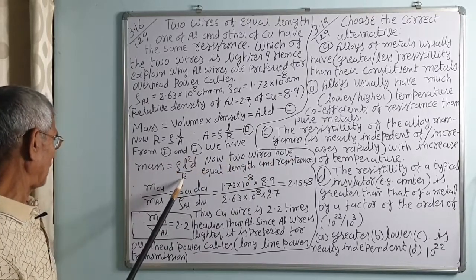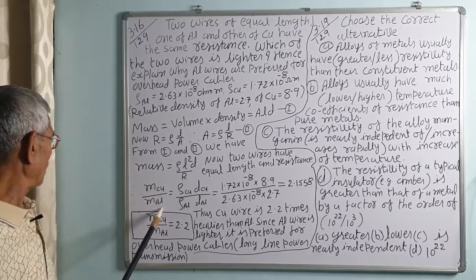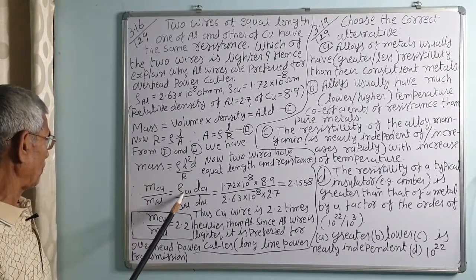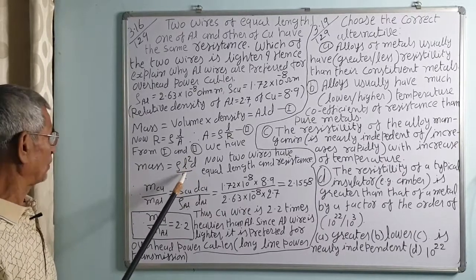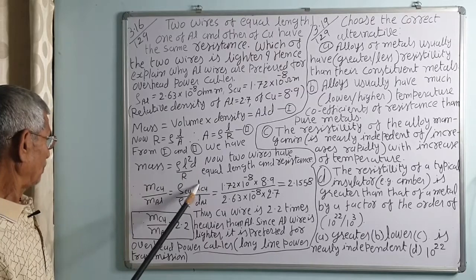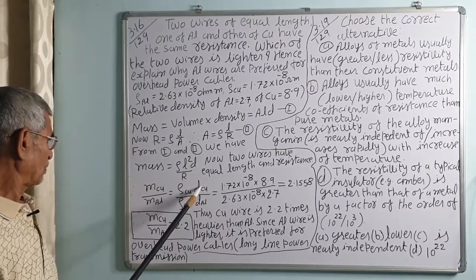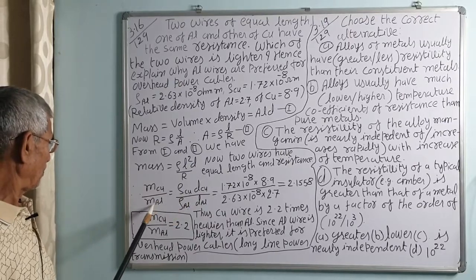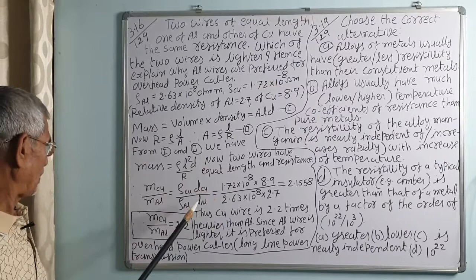The length is same and R is also same. So, for mass of copper and mass of aluminum, L square upon R is common, so that will be cancelled, giving rho copper into D copper, that is specific resistance into density of copper, upon specific resistance of aluminum into density of aluminum.